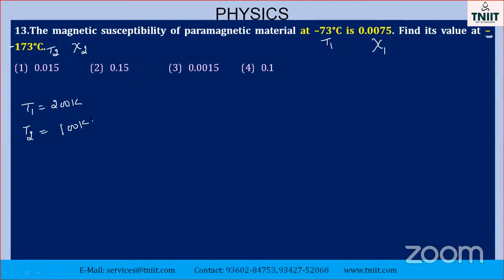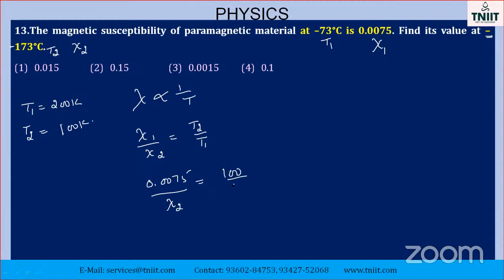According to Curie's law, magnetic susceptibility is inversely proportional to temperature. So chi1 by chi2 will be equal to T2 by T1. Chi1 is given as 0.0075. Chi2 you have to calculate. T2 is 100, T1 is 200, so this is almost 1 by 2.